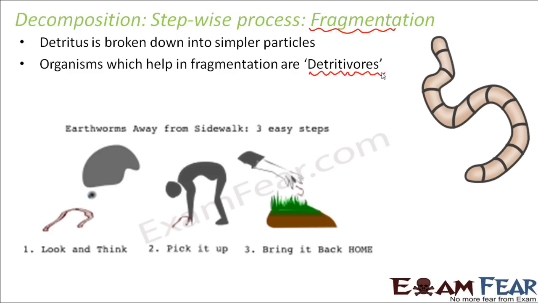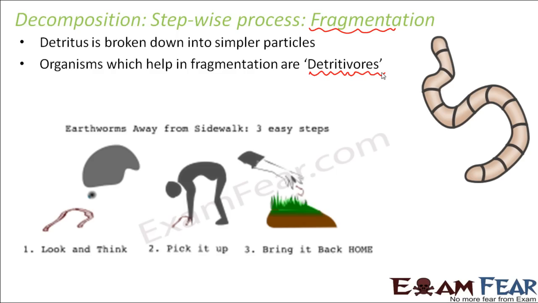Always remember that when you are roaming around somewhere and you suddenly see an earthworm, please do not step over it and kill it, because it does an excellent job for all of us. It improves the soil quality and increases crop productivity, and directly or indirectly we all are dependent on that. So whenever you see an earthworm, pick it up and bring it back home.